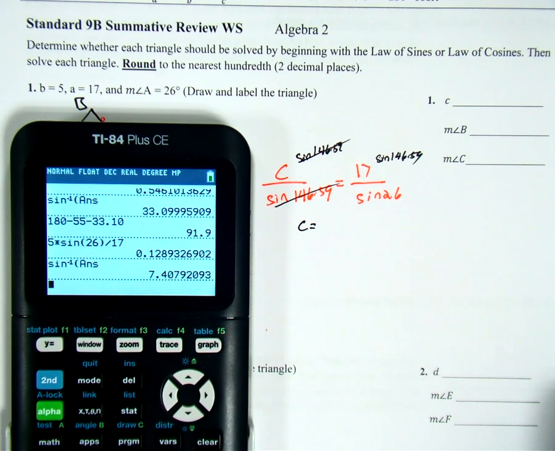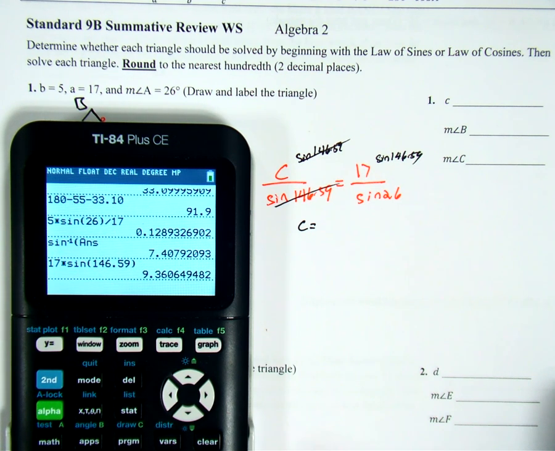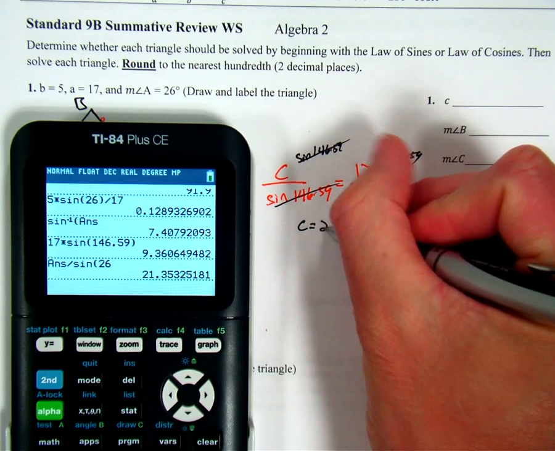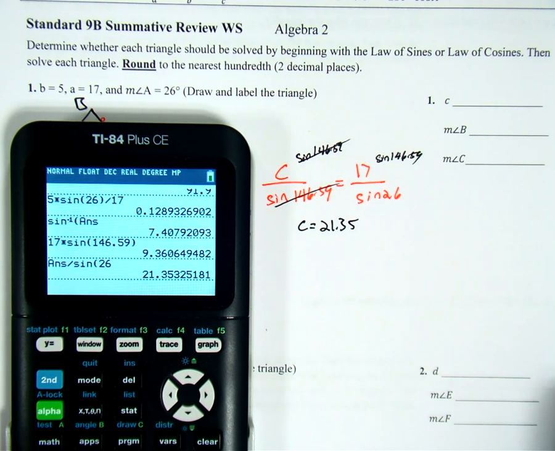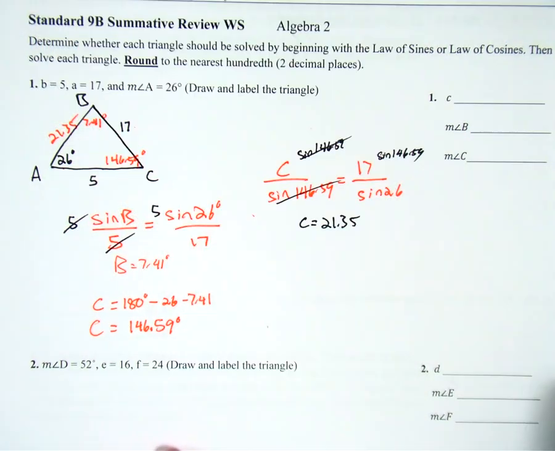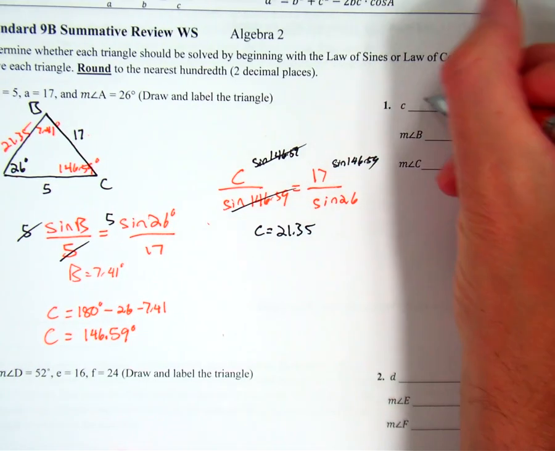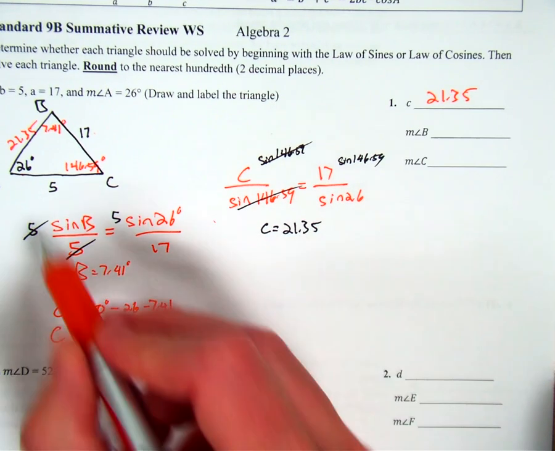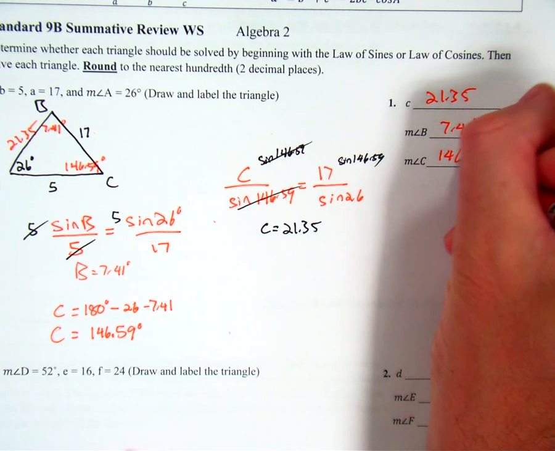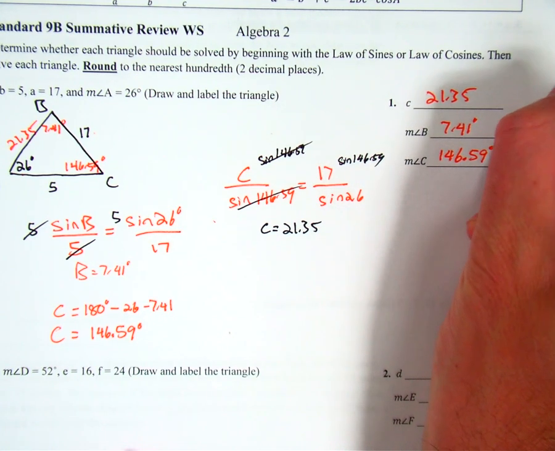Okay, we'll have 17 times sine of 146.59 divided by sine of 26, 21.35 for your side length. Alright, so 21.35 was the side length. Angle B was 7.41 degrees, and angle C, 146.59 degrees.